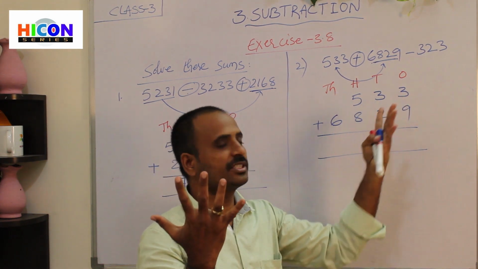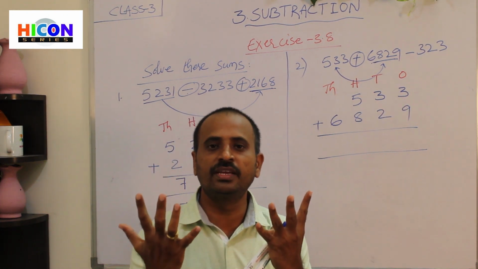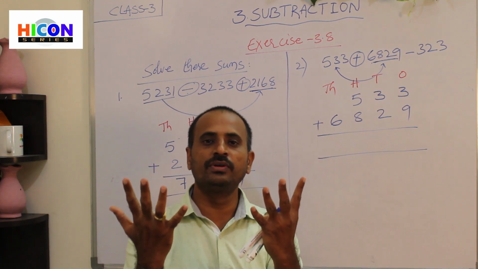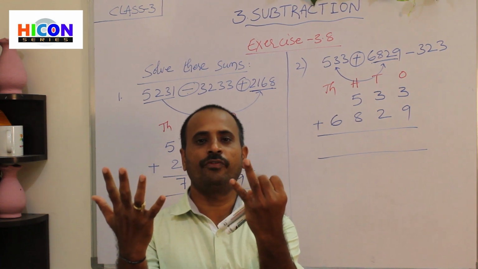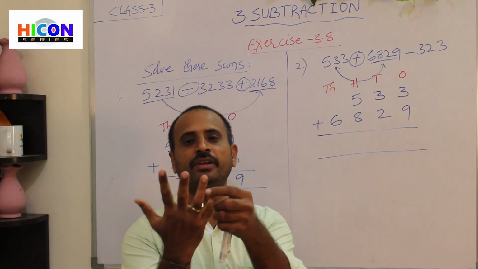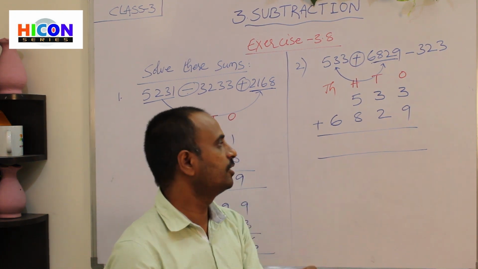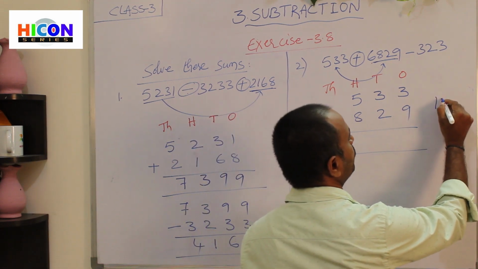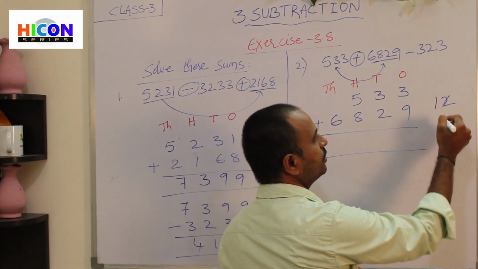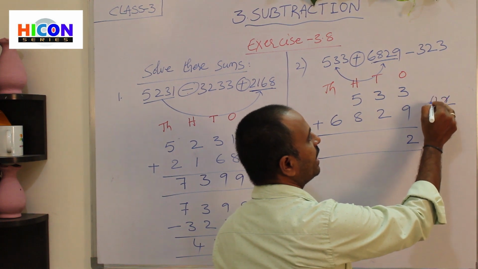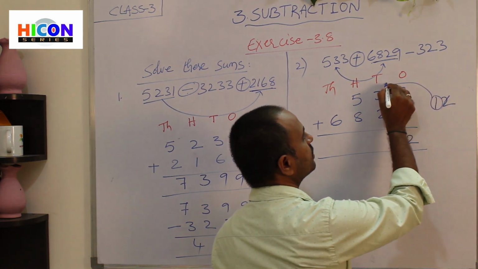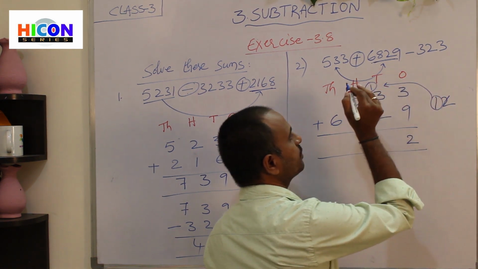And what is the first number? 3. After 3 we will get 4. So start counting from 4: 4, 5, 6, 7, 8, 9, 10, 11, 12. So the sum is 12. Cancel it, write 2 here and carry 1 to the next place. So carry this 1 to the tens place.